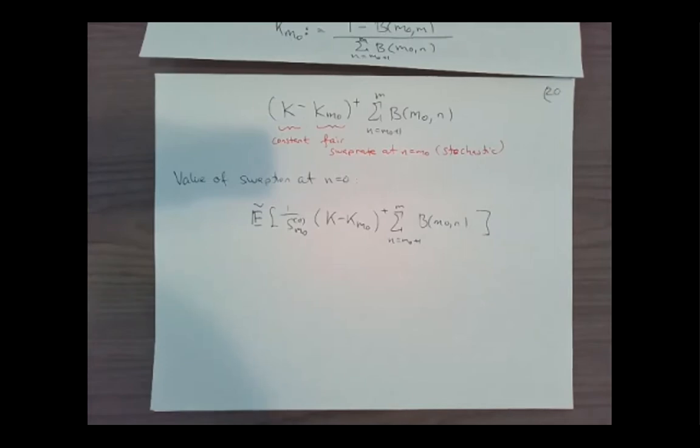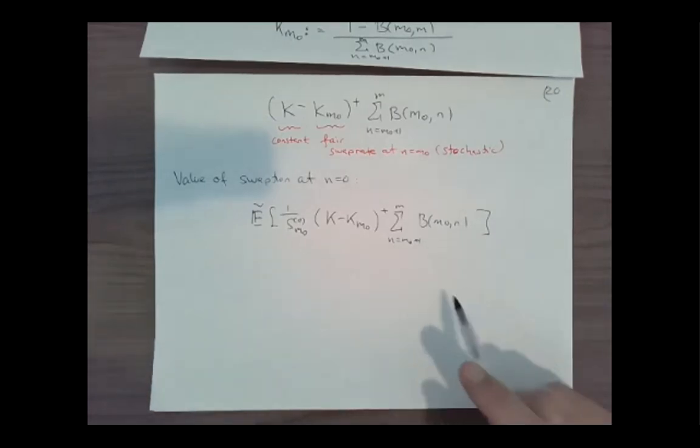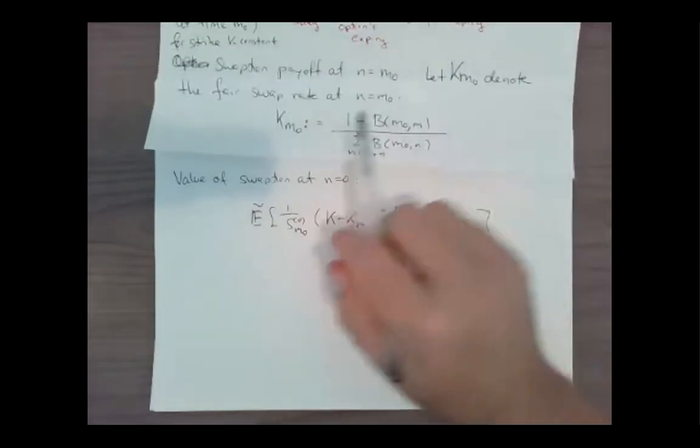If you want to price a swaption, you need to compute this expectation here, and KM0 is this ratio up here.